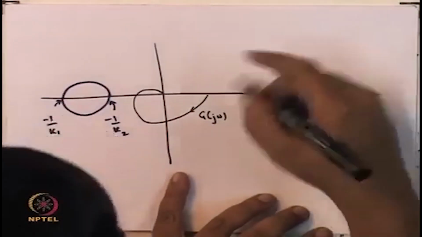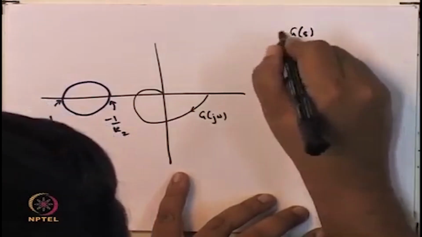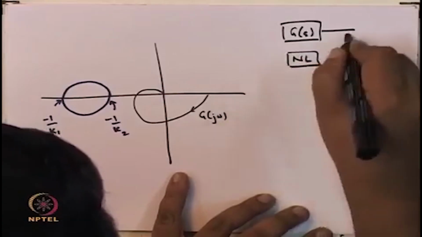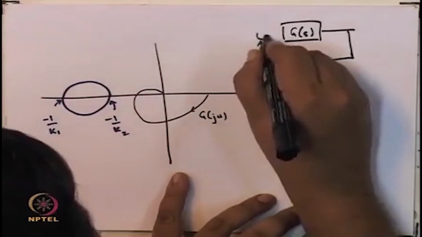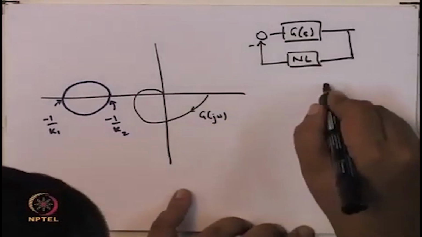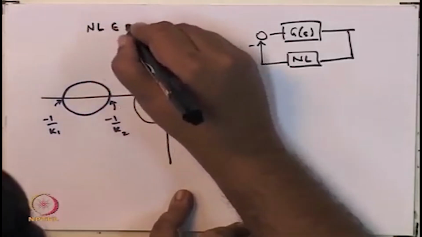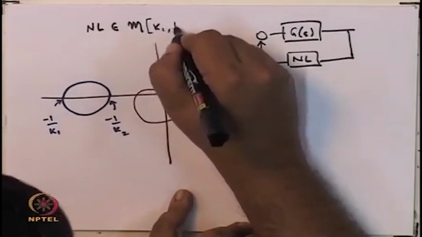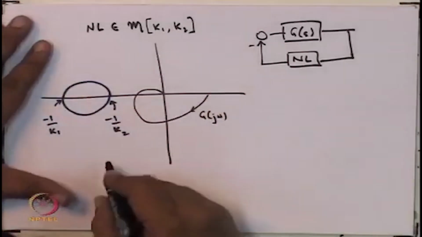Now, we are in this particular situation analyzing this closed loop system, which has the linear plant and a nonlinearity in the feedback loop, and this nonlinearity lies in the K1, K2 sector. Now, what do we mean by this K1, K2 sector?